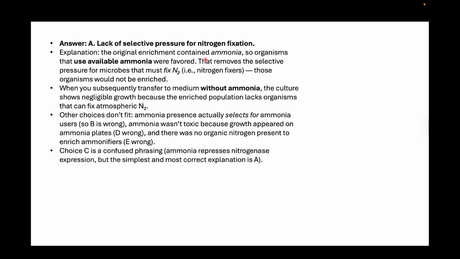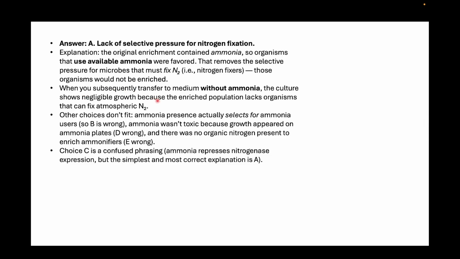That removes the selective pressure for microbes that must fix nitrogen. Those organisms would not be enriched, right? So nitrogen is not the limiting factor or the selection pressure, while presence of ammonia is the selection pressure.